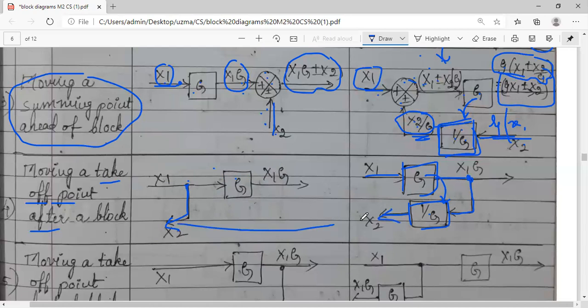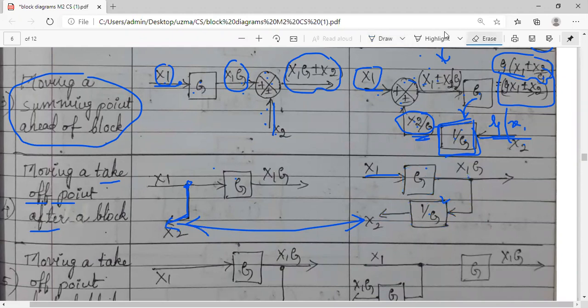So what is the difference between these two figures? Here from the takeoff point, we have directly taken the signal out. But here I can't take it directly. I have to pass it through one more block which has the gain value reciprocal of the original gain. Now observe the second figure.